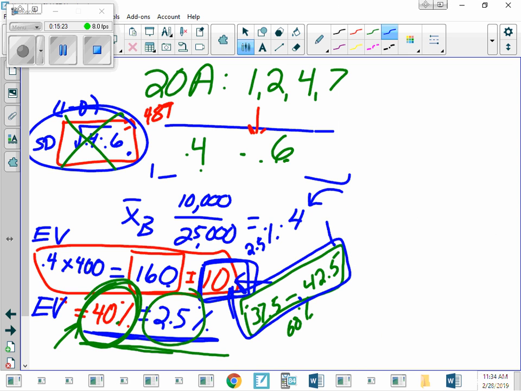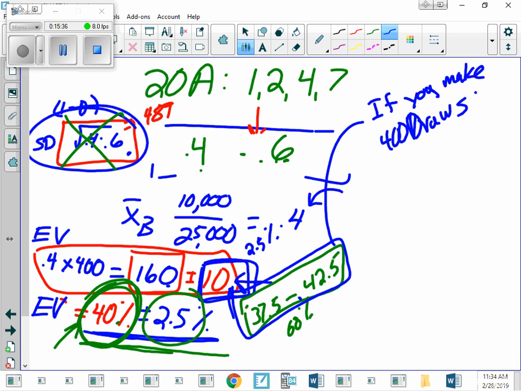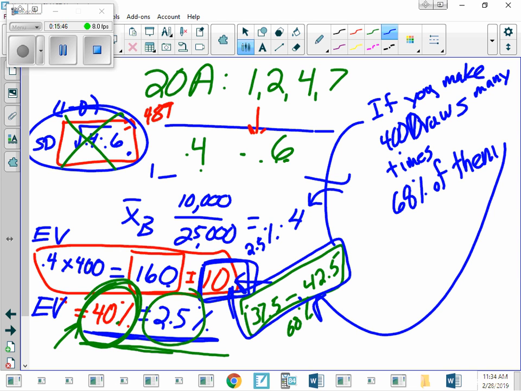Originally, this window meant if you make 400 draws, many times, 68% of them will land inside there. Okay? It hasn't happened yet. We know what's in the box.